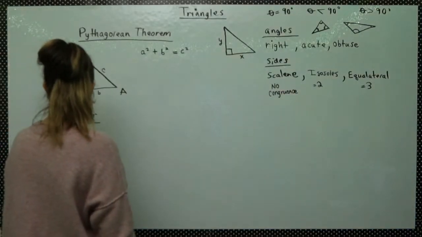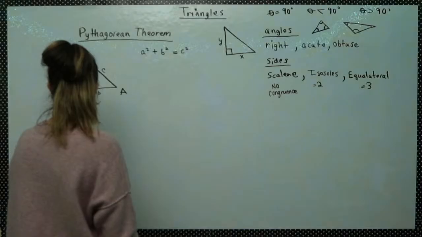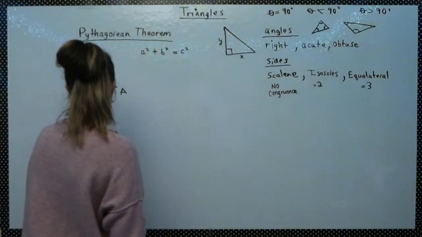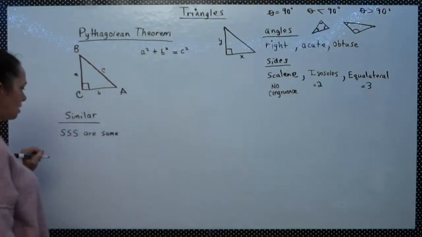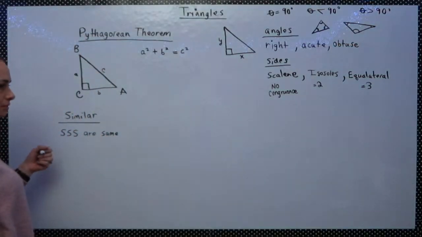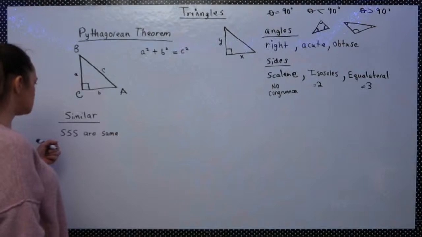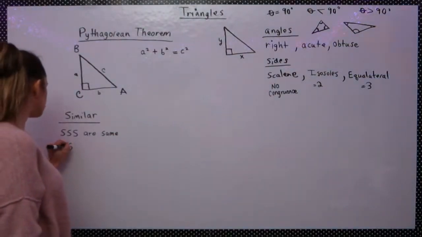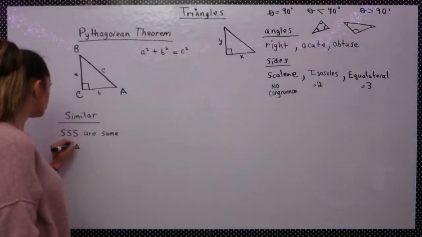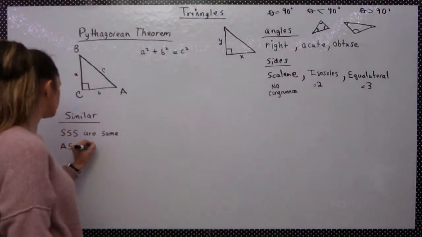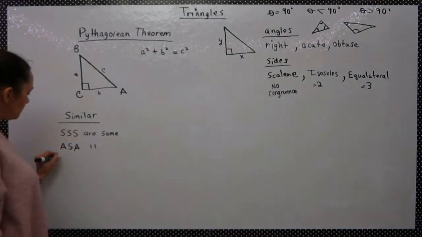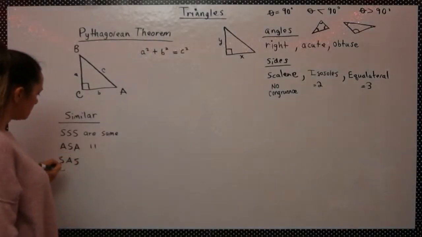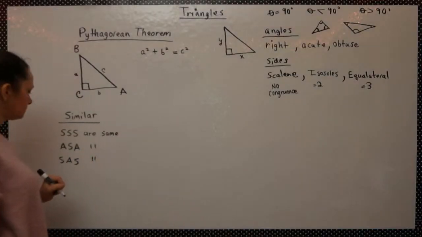If all three sides are the same, then all the angles are also equal. And if you have a side in between two angles that are the same, and then you could have an angle in between two sides. They're also the same.